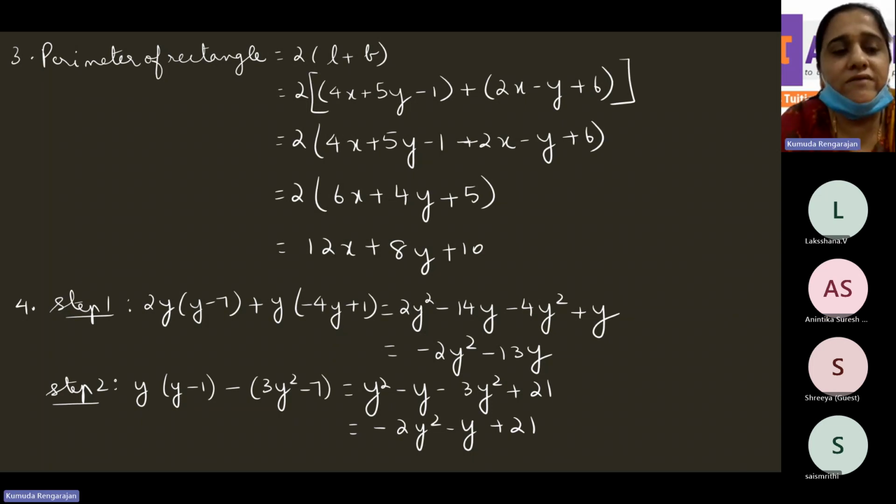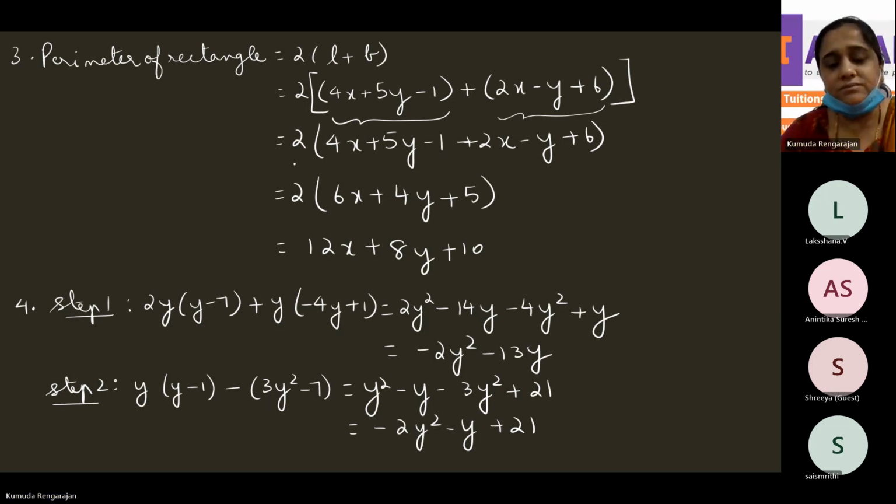So for the third one, we have to find the perimeter of the rectangle, which is 2 into L plus B. You can see the length here, plus the breadth. The formula is 2 into L plus B. So 2 into, open the bracket, free the terms from the bracket, and because it's a plus sign, the signs inside the second bracket will not change.